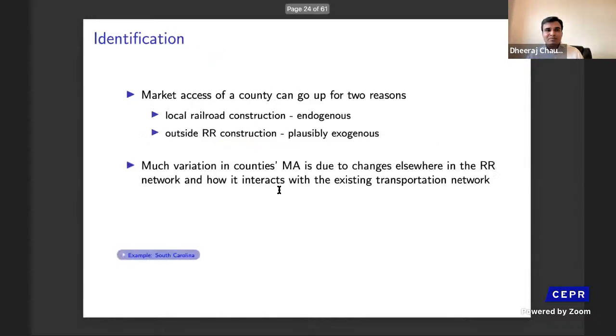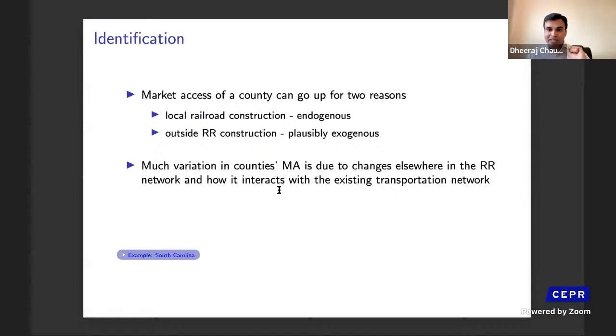Obviously, there are concerns about identification: if a county is growing unequally for some other reason, and a growing county can also attract railroads, then there would be identification concerns to account for. So basically market access can go up for two reasons: local railroad construction, which is endogenous as I mentioned, and second, outside railroad construction.